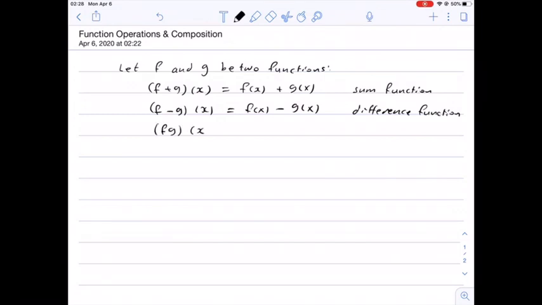And the third notation is the multiplication or the product. It's f times g of x, it's f of x times g of x. This is the product function.